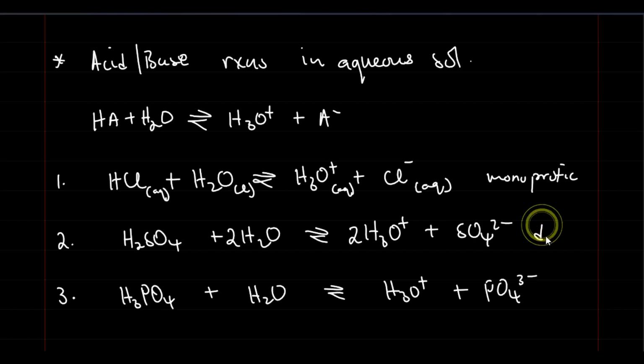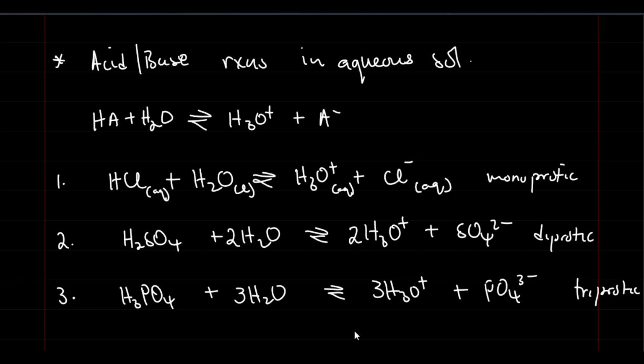So this one is diprotic, and this one is triprotic acid. This phosphoric acid can donate a maximum of 3 protons, and for it to become phosphate, it has donated 3 protons, so 3 water molecules must be present to accept the 3 protons from the phosphoric acid. And if we have 3 water molecules, we will have 3 hydronium ions.